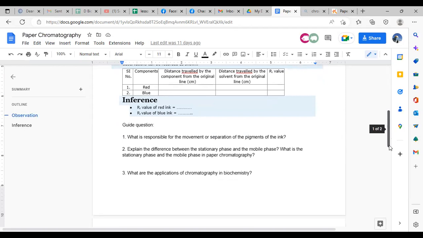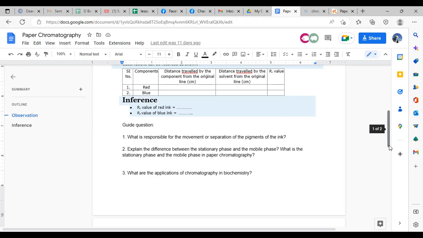What is responsible for the movement or separation of the pigment of the ink? Okay, to simplify, pwede mong sabihin intermolecular forces between the solvent and basically the stationary phase and the mobile phase, no? Pwede mo sabihin it is the solubility in the mobile phase and the molecular interactions with the stationary phase. Okay, so yung key principle dito sa chromatography, stationary and mobile phase.